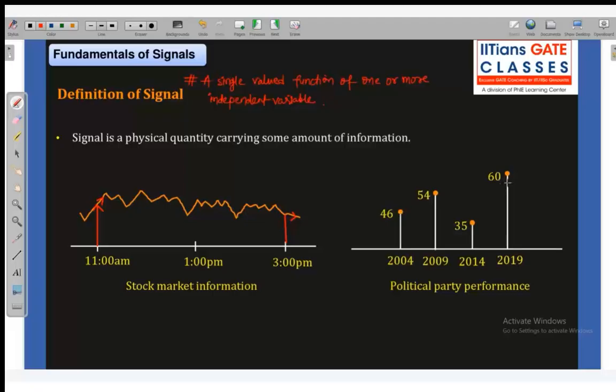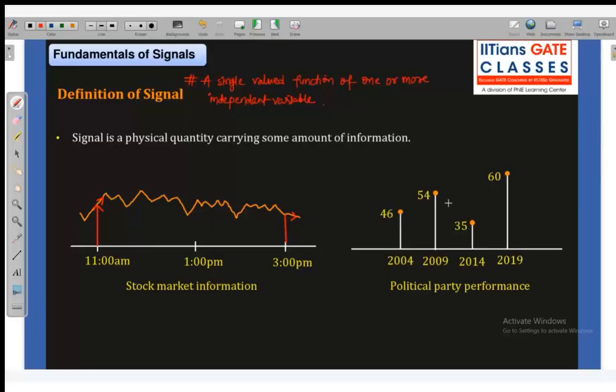So it is again rising over the years. Right now we can say 46 to 60, there is a jump in the number of seats, which is changing with respect to time. So in this way also you can define the signal. Signal may be a function of time, it may be a function of space, or anything which is an independent variable. It can be a function of any independent variable. Usually we take the time.